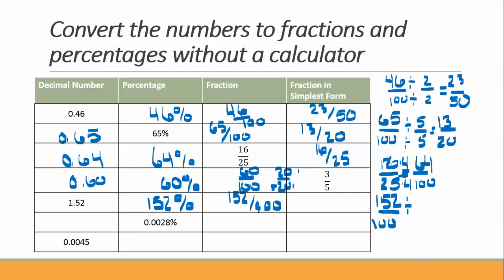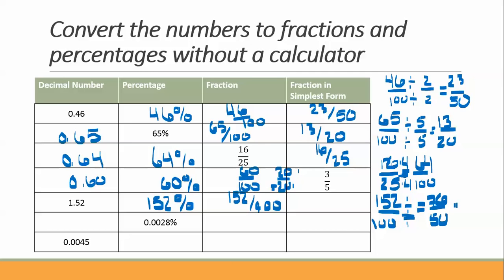If we divide them both by 2, because they're both even numbers, we get 76 over 50. That's still not simplest form because they can both be divided by 2 again.